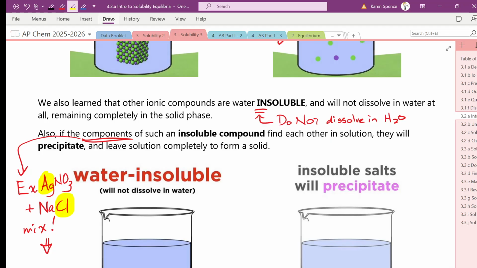If we combine our inside ions, we get NaNO3.